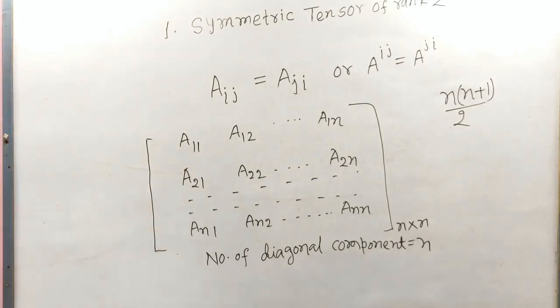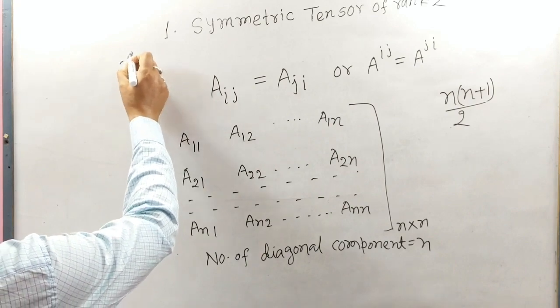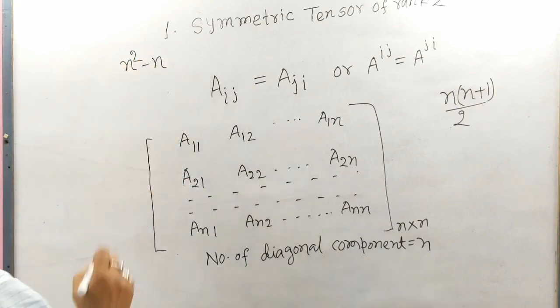Total number of components equals n square, so the number of non-diagonal components will be n square minus n.